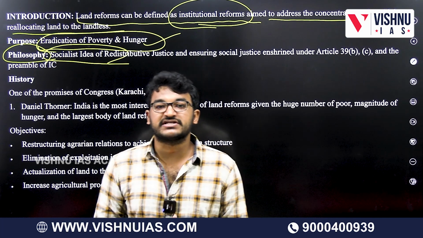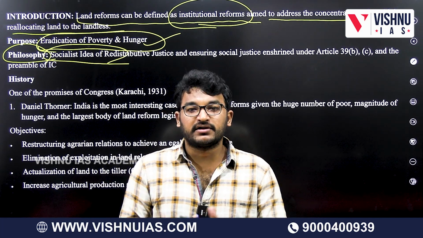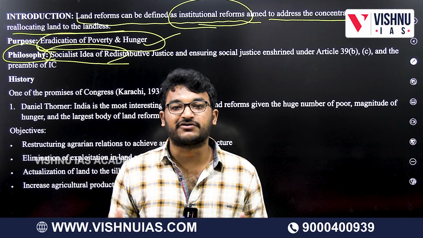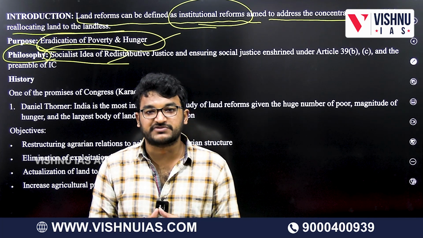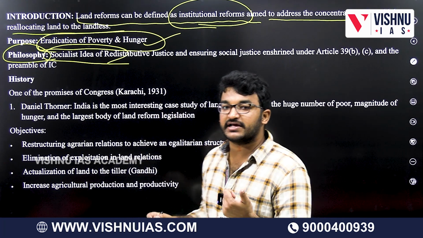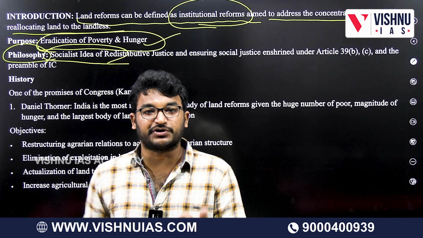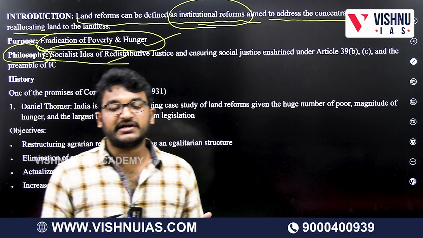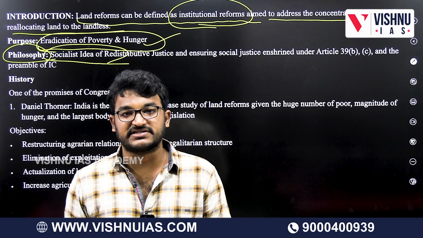In a socialist idea, there will be equality. Earlier, when there is a lot of capitalism, there will be a lot of inequalities and problems with respect to inequality. Now, with this socialist idea, we are planning to give them redistributive justice, and it is already mentioned in our Constitution in DPSP in the form of Article 39 B and C.